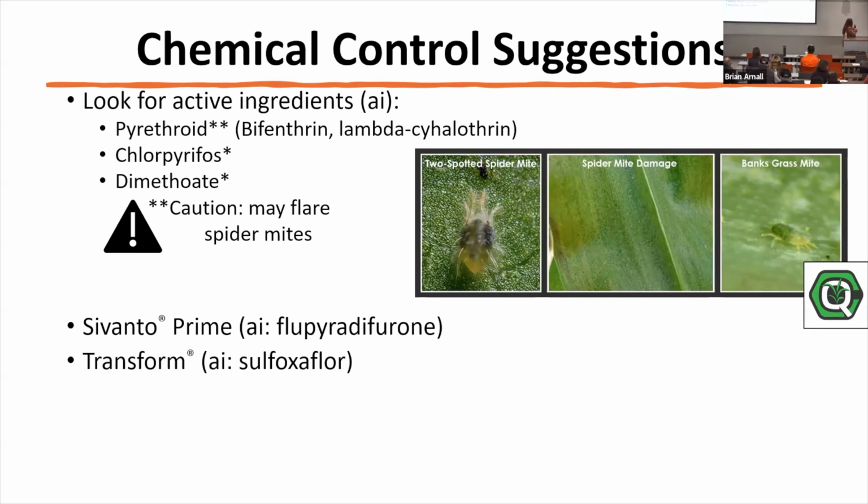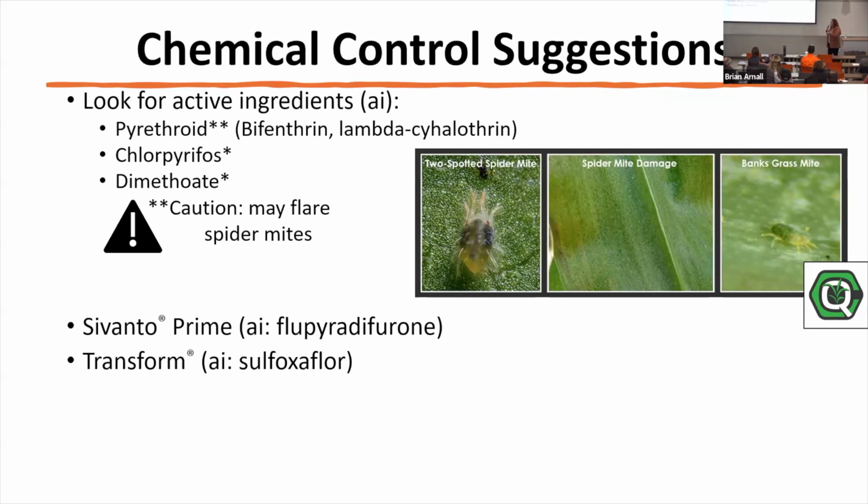These are two that we actually use for the sorghum aphid or sugarcane aphid, however you want to refer to it. The one thing is there is a price point with that. We don't have evidence just yet of it working here in the US. The idea of in-furrow, like what Seb talked about yesterday, would be very important for getting that lasting protection from the Savanto Prime.